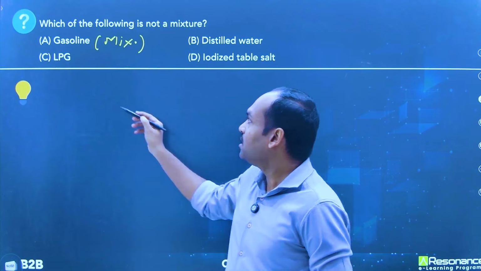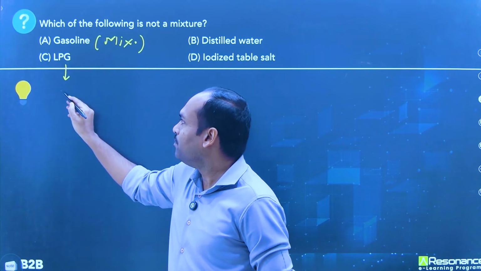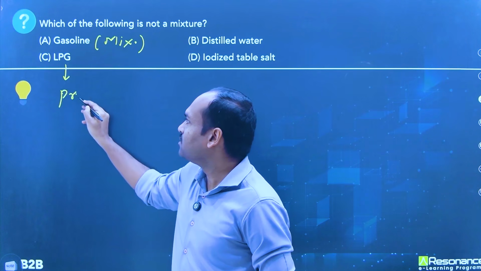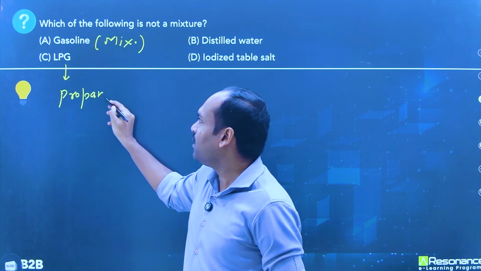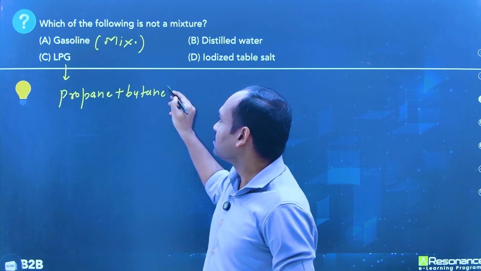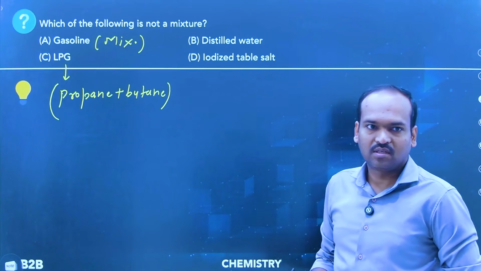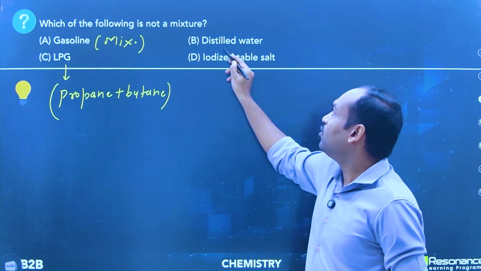Okay. Next, LPG. LPG is a mixture of propane and butane. So liquid petroleum gas is also a mixture. Next, distilled water.